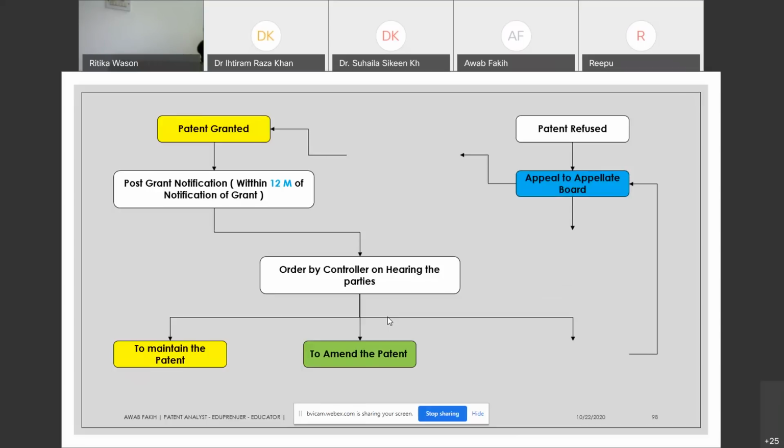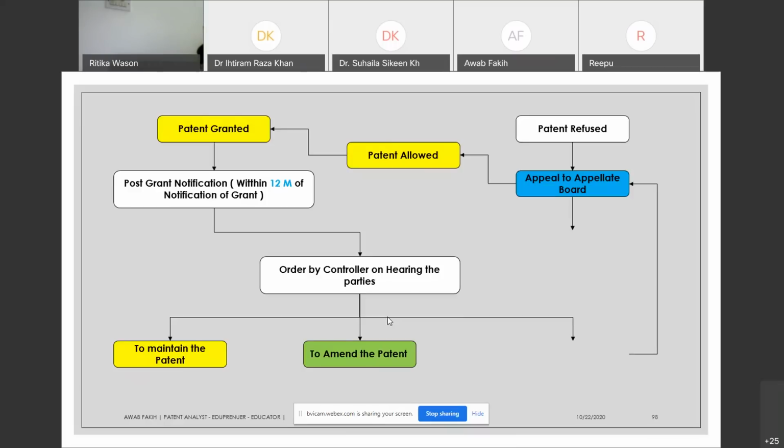The appellate board will hold a hearing. If the appellate board feels that the points put up by the team are completely fine, and the decision taken by the controller and his team is not right, they will allow the patent, and the patent will be granted, and it will continue the same process.